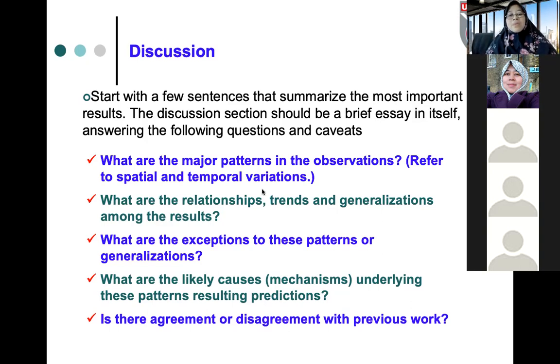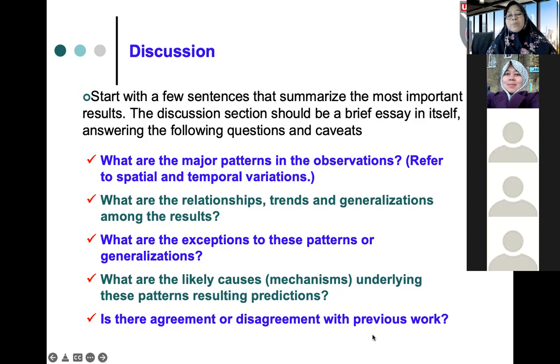So the three structures that are very important in result and discussion are writing the pattern of your results, the observation, and then the likely mechanism, okay, why the observation is that way. And any disagreement or agreement to corroborate your finding.